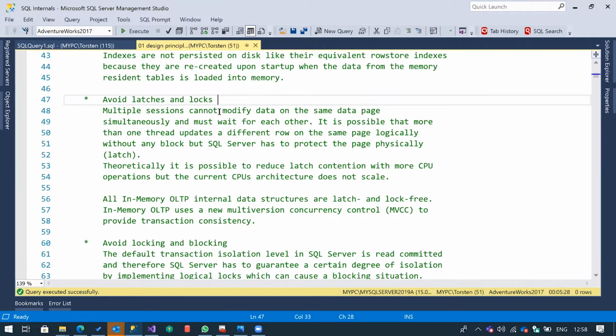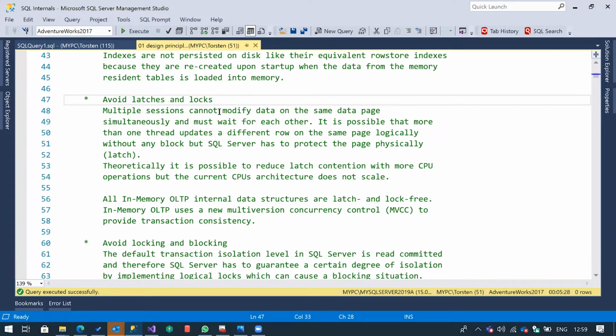When you have more files in TempDB, you will end up with more GAM pages. That means several threads can now allocate pages on several data files and therefore on several GAM pages.